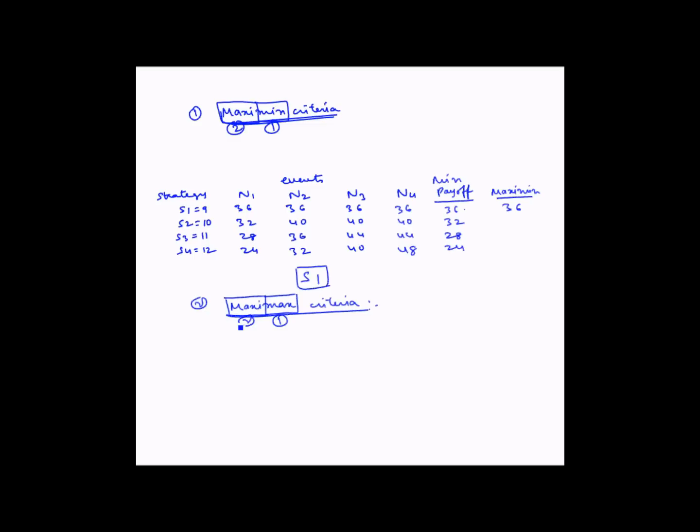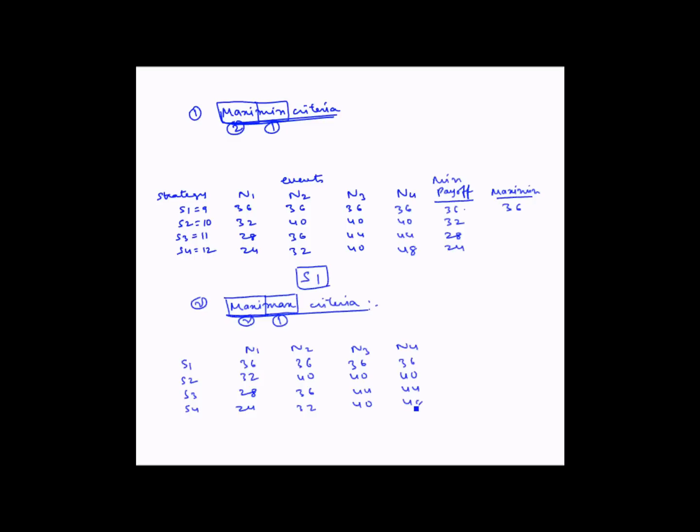To decide based on the Maximax criteria, let's build the matrix. So we have S1, S2, S3, S4, N1, N2, N3, N4, 36, 32, 28, 24, 36, 40, 36, 32, 36, 40, 44, 40, 36, 40, 44, and 48.